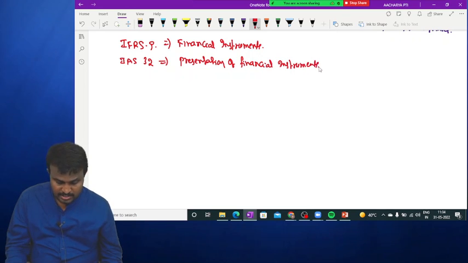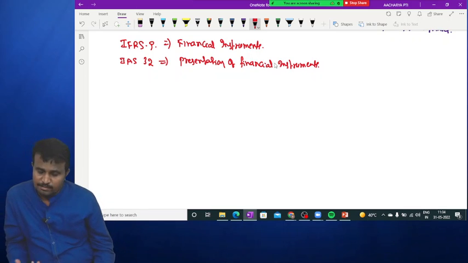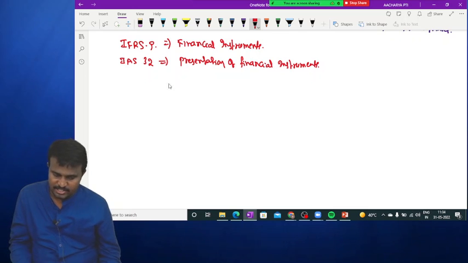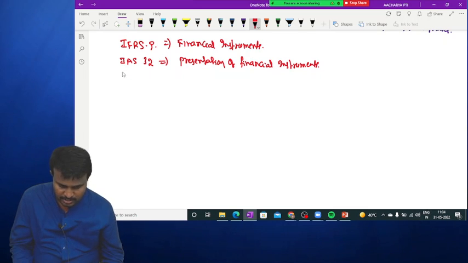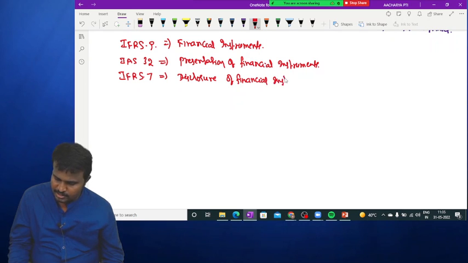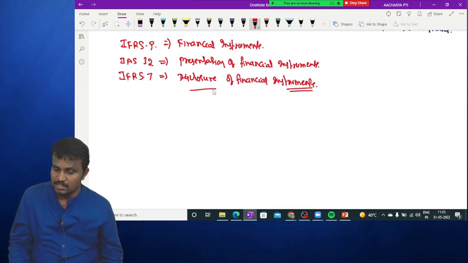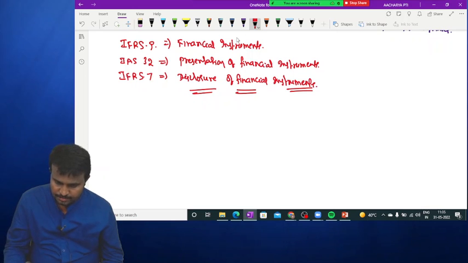In this standard, the classification of financial instruments is defined and how they are presented in the financial statements. And the next one is IFRS 7, which relates to the disclosure of financial instruments. So these three we cover in this chapter. Then first we will discuss financial asset.